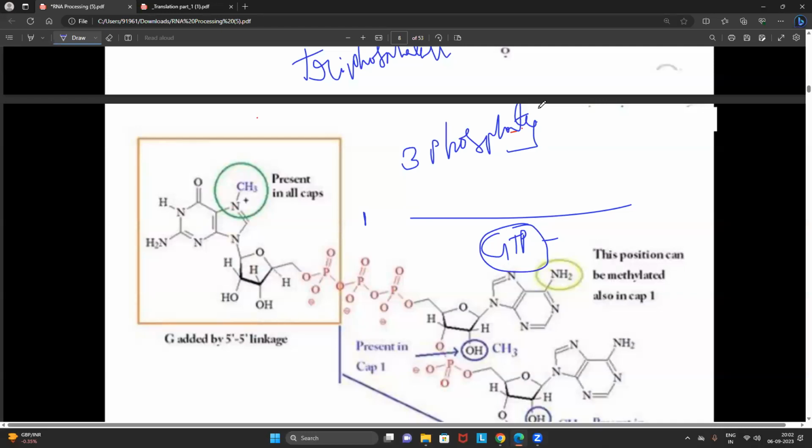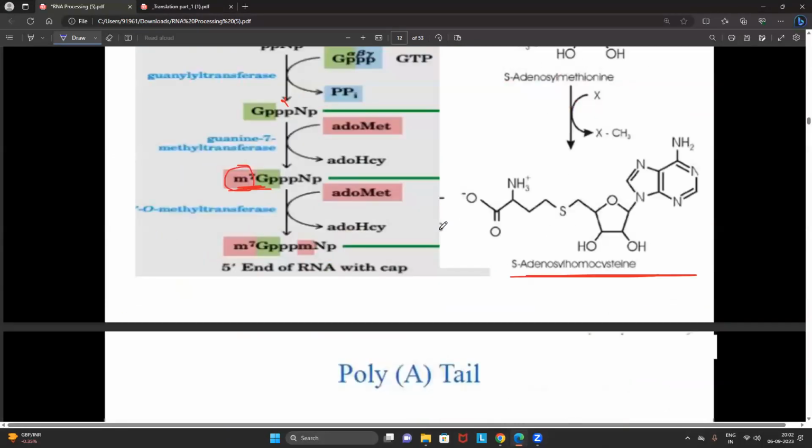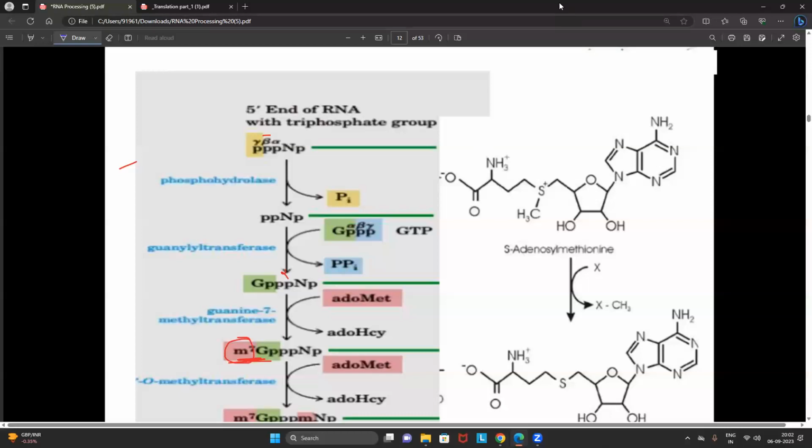My question is, from the GTP which phosphates are we removing, friends? Very good. From the GTP, we are removing the beta phosphate as well as the gamma phosphate. Whereas in the mRNA, we have removed only the alpha phosphate. Correct? I believe every one of you remember.